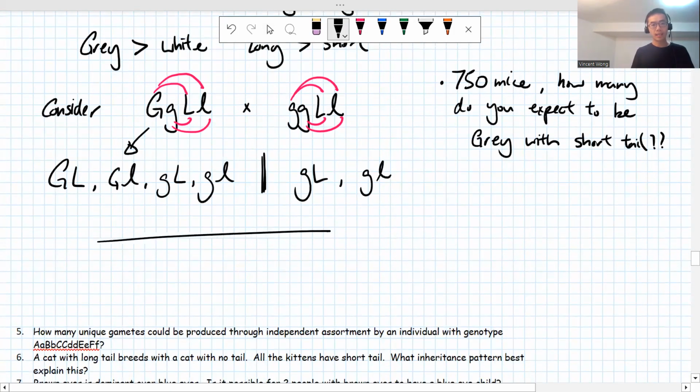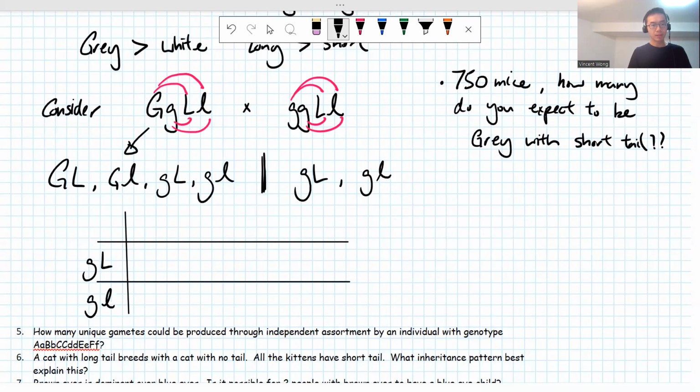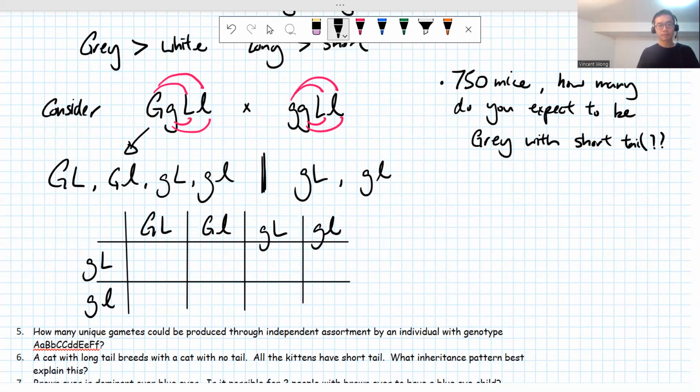So you're going to go ahead and do the Punnett square. And you can put the gametes on the side here. So hopefully you are able to do this.